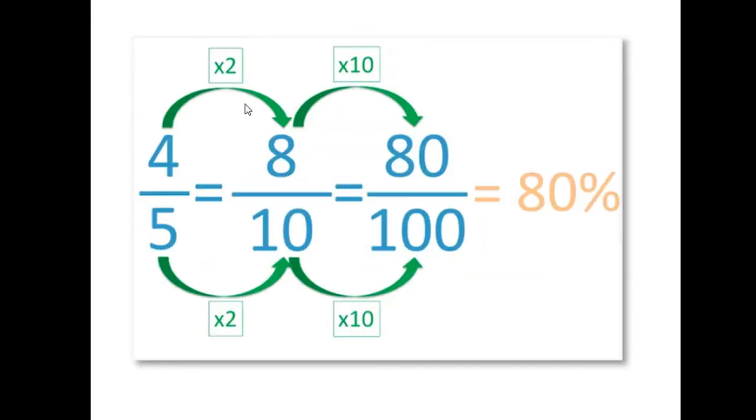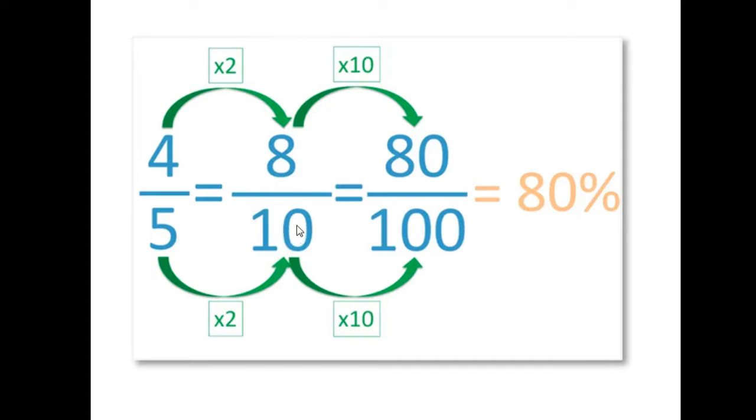The same number is to be multiplied in numerator as well as denominator. So when you multiply 4 by 2, you get 8. Similarly, when you multiply 5 by 2, you get 10. So 4 over 5 becomes a new number, that is 8 over 10.